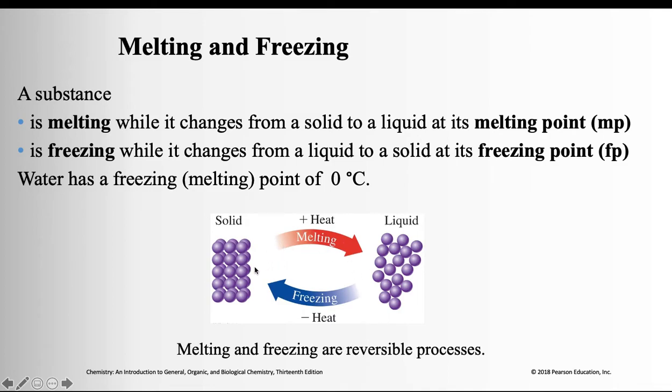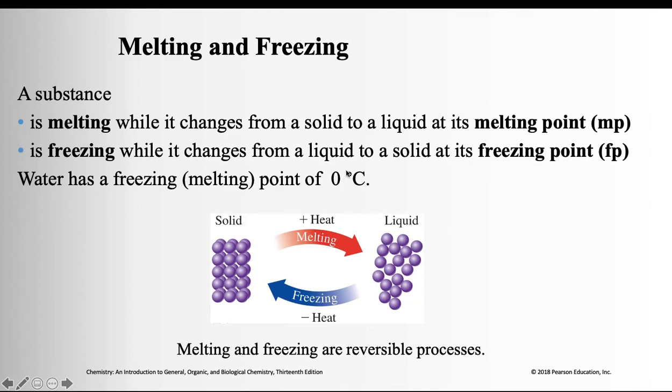We call it the melting point when the solid is changing to a liquid, and we call it freezing when the liquid is turning into a solid. That happens at the melting point or the freezing point, depending on which direction you're going, but it's the same temperature. Water, for example, has a freezing point of 0 degrees Celsius.